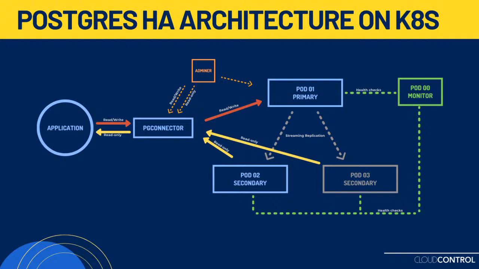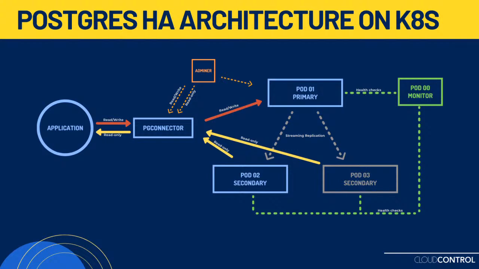Now, moving to the left, we have a PG connector, which is connecting to the Postgres HA setup, and it exposes two types of connections. One would be the read write, another is the read only. This is an HA proxy based connector, provided by AppZ, our platform.